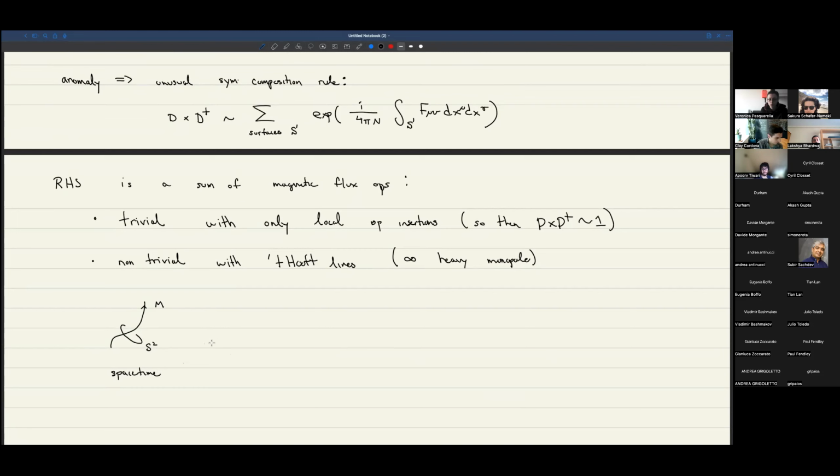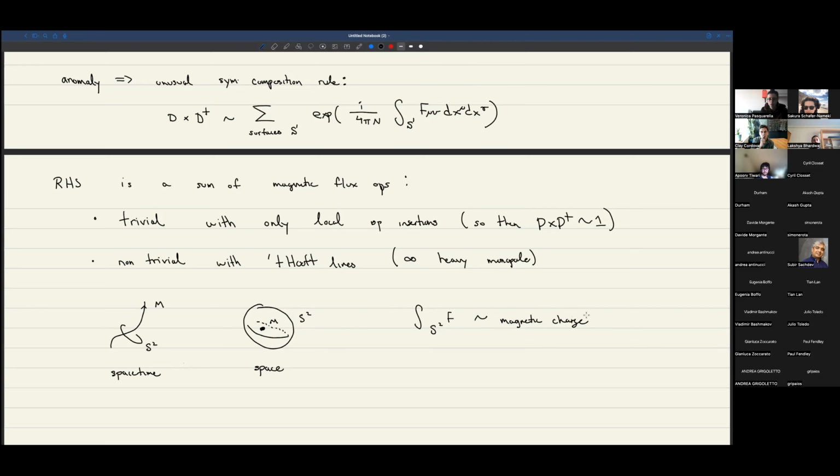If instead you wanted to think in space, there's just some point charge M, and this linking two-sphere is easier for our little brains to visualize. It's just this standard picture. And the 't Hooft line has the feature that the integral of F over this S2 is equal to the magnetic charge, kind of the magnetic analog of Gauss's law.